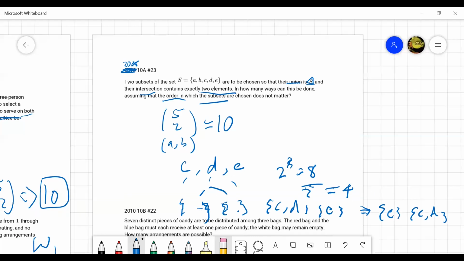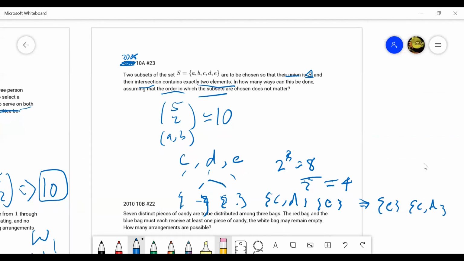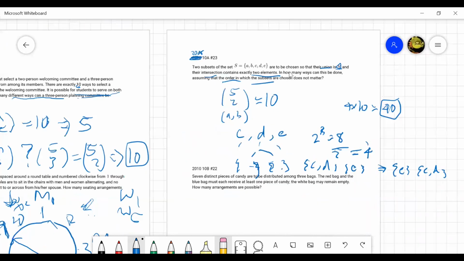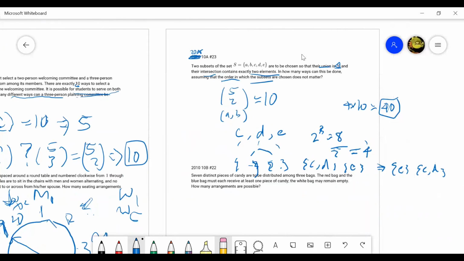Since each of them is paired up, we just divide by 2 to get rid of the overcount, and we're left with 4. And now we just multiply, since that's all the problem has, and you get 40. That's it. All right, so with this problem, it's more like just being careful with the definitions of union and intersection with the sets.